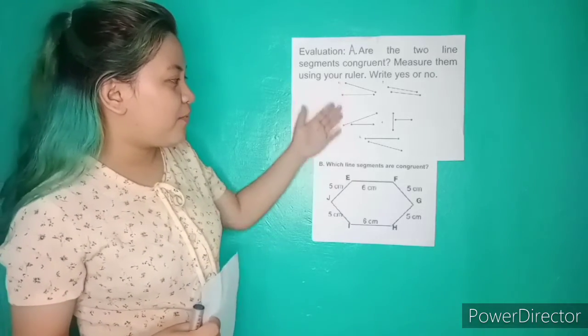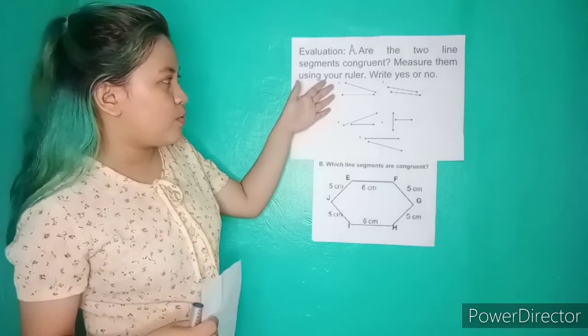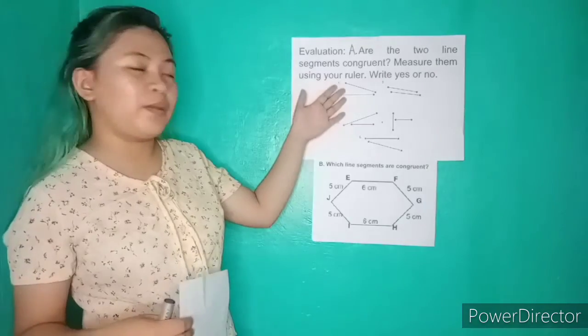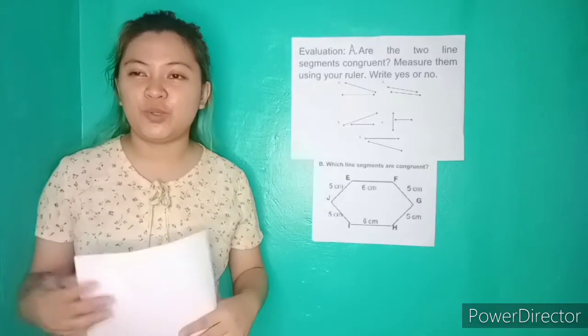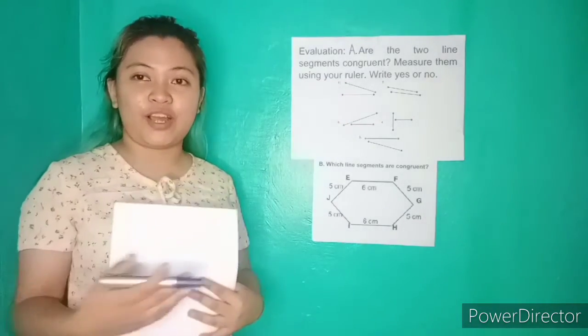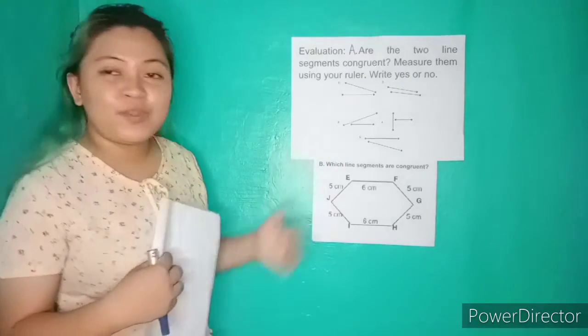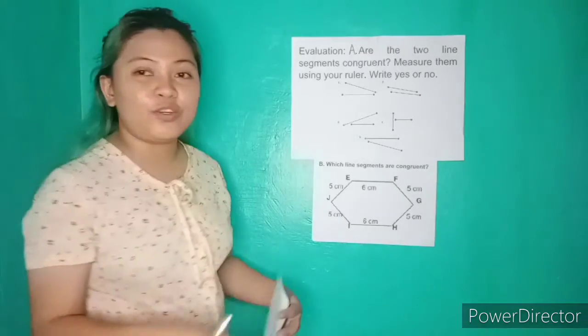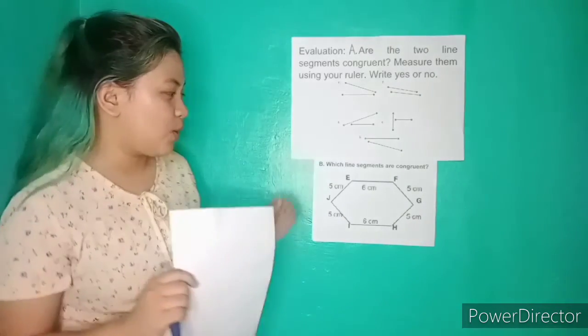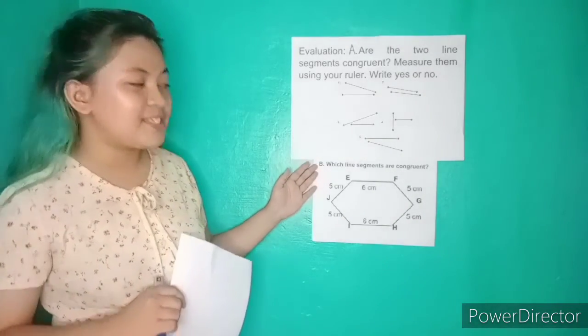We have here a 5-item quiz in which you're going to measure. For example, number 1, you're going to measure using your ruler whether it is congruent or not. Yes or no. Now let's proceed to activity number 2 that you're going to answer on your worksheet. Which line segments are congruent?